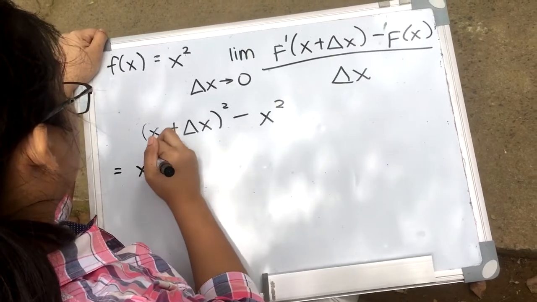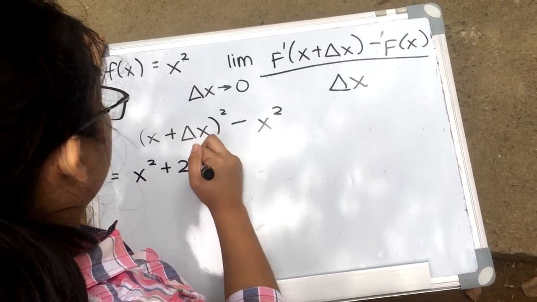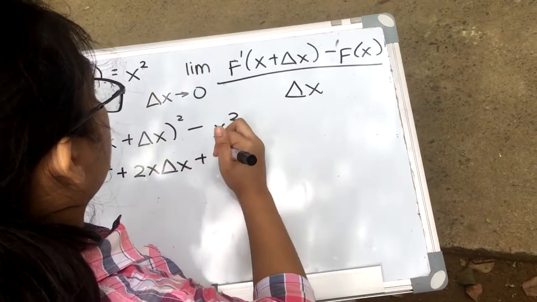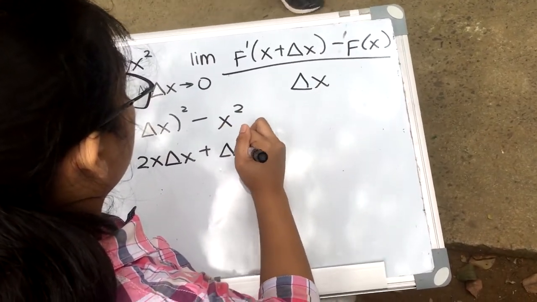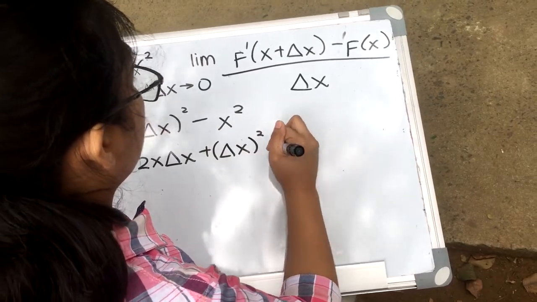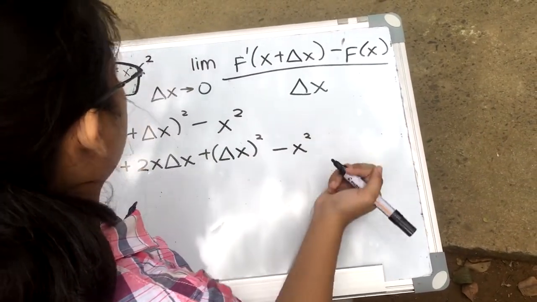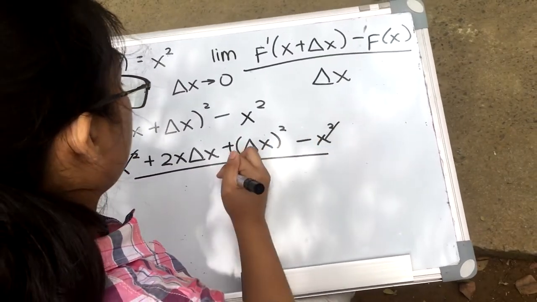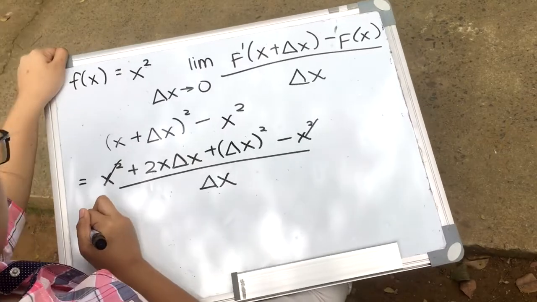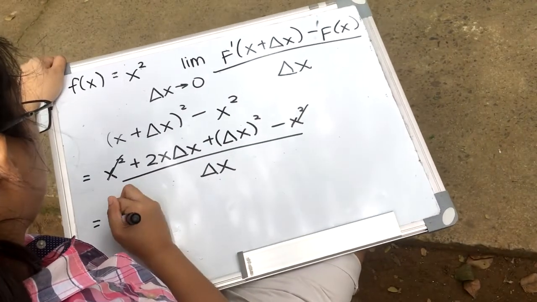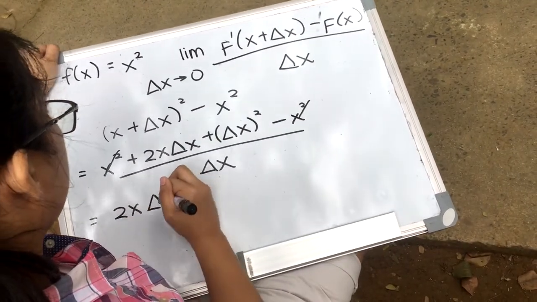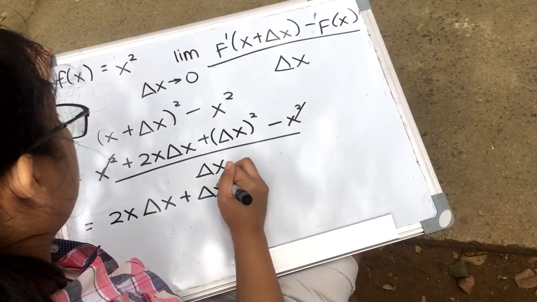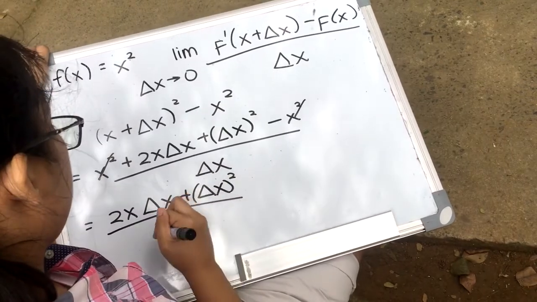First we must expand. So we have x squared plus 2x delta x plus delta x squared minus x squared. Since we have positive x squared and negative x squared, we can cancel them out, all over delta x. So we have 2x delta x plus delta x squared all over delta x.